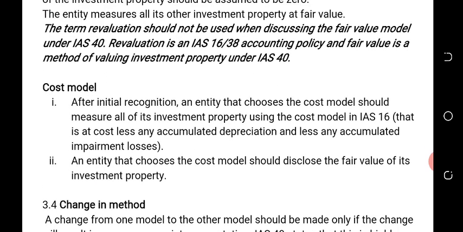So we should understand that revaluation, which is the revalued amount, is different from the fair value, and in most cases, the asset that we use a revalued amount for is an asset held as owner-occupied property in line with IAS 16.